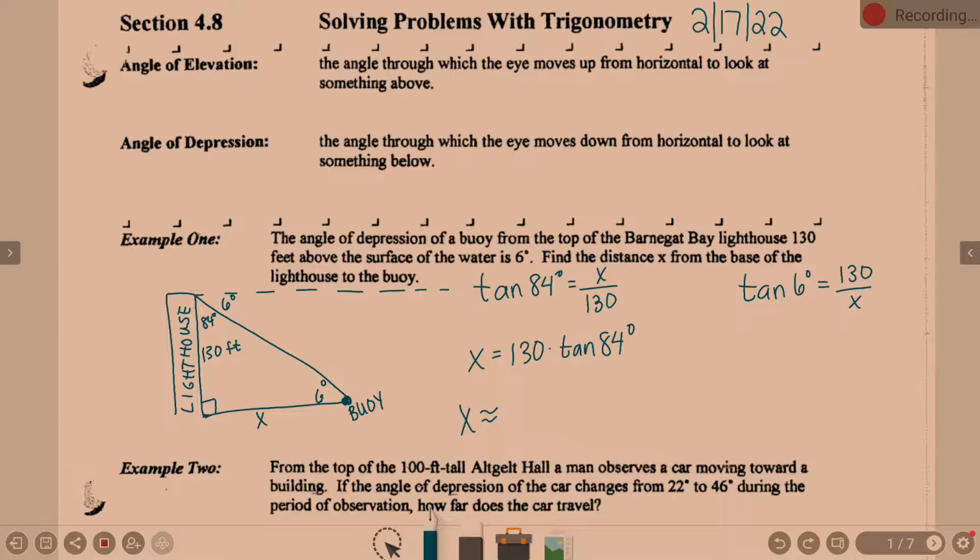I have my answer to 2 decimal places. The book does 1 or 2. I can't remember what. The book might do 1. What do you guys get when you plug that into the calculator? What do we get?